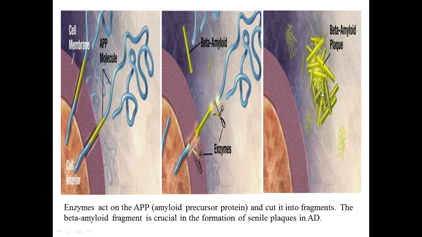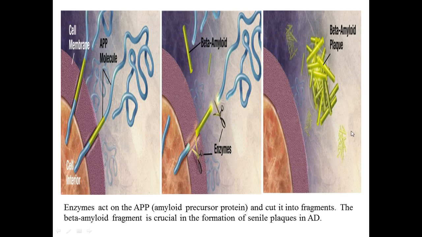Microglial cells are the immune cells present in the brain region and spinal cord region, and astrocytes are also important cells of the nervous system present in the brain region. So the accumulation of all these types of cells plus the amyloid beta fibrils together is called senile plaque, and this is accumulated near the neuron cell due to the cleavage of the APP molecule by the proteolytic enzymatic activity.